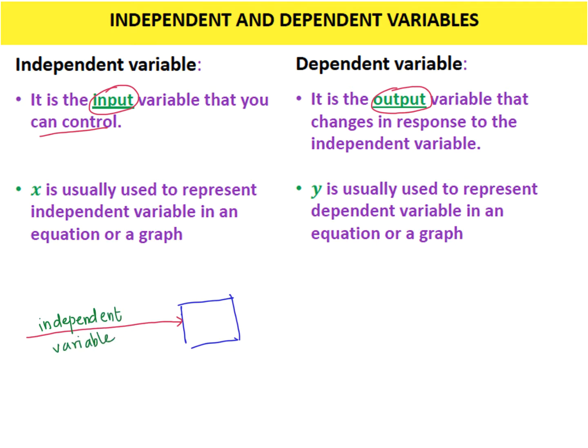And what comes out of that machine as an output is your dependent variable. So the dependent variable depends on the input variable. All you can control is the independent variable, and the dependent variable depends on the independent variable.